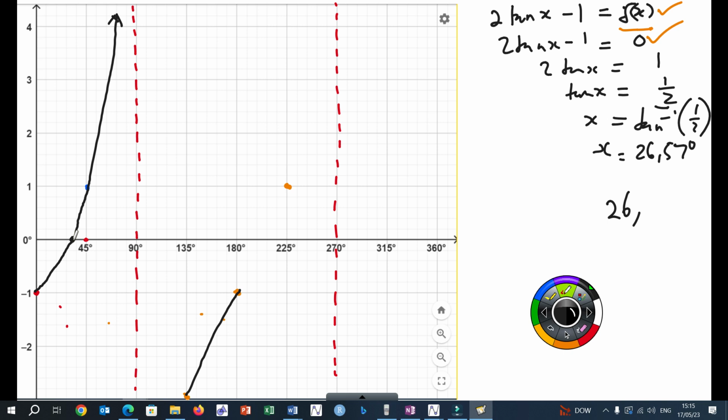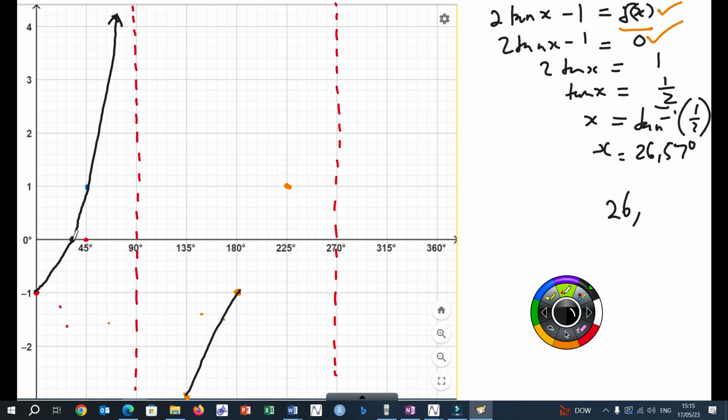So tan 26.57 gives you a specific ratio, which is equivalent to tan of an angle in the third quadrant. But to get the one in the third quadrant, you have to use the 26.57. So how can you use 26.57 to determine an angle in the third quadrant? That's my question.